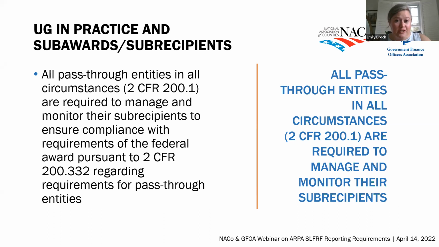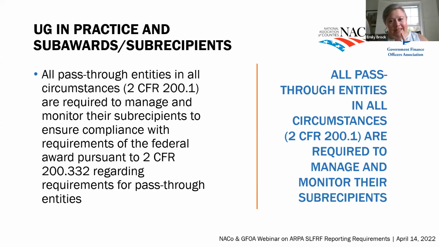Now, 2 CFR 200 is very good at helping to establish the bright line between what is a subaward and what is a subrecipient. But again, that is facts and circumstances around that particular engagement or relationship from the spender of the funds to the vendor. And certainly a conversation, again, that you should have with your auditor about determination of whether it's a subaward or a subrecipient.